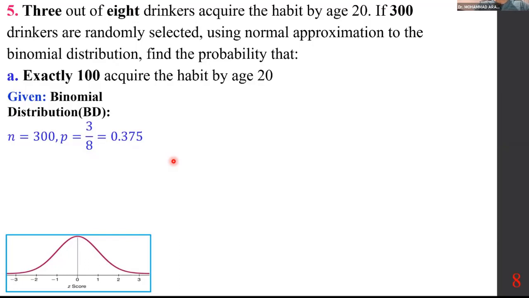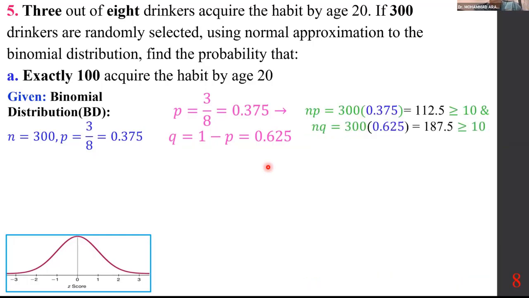The next thing is we have to calculate q, 1 minus p, which is 0.625. We also have to show that the products np and nq are large so that we can use the normal approximation.